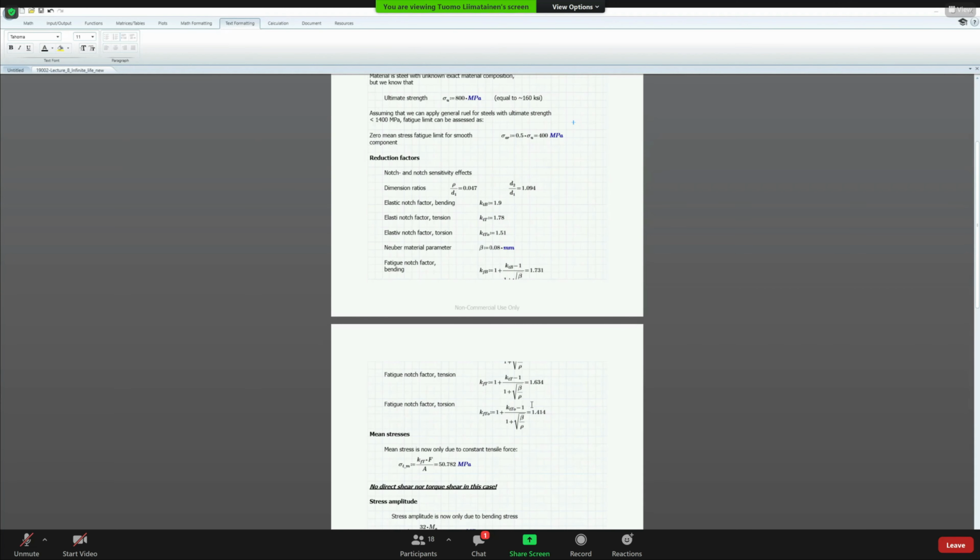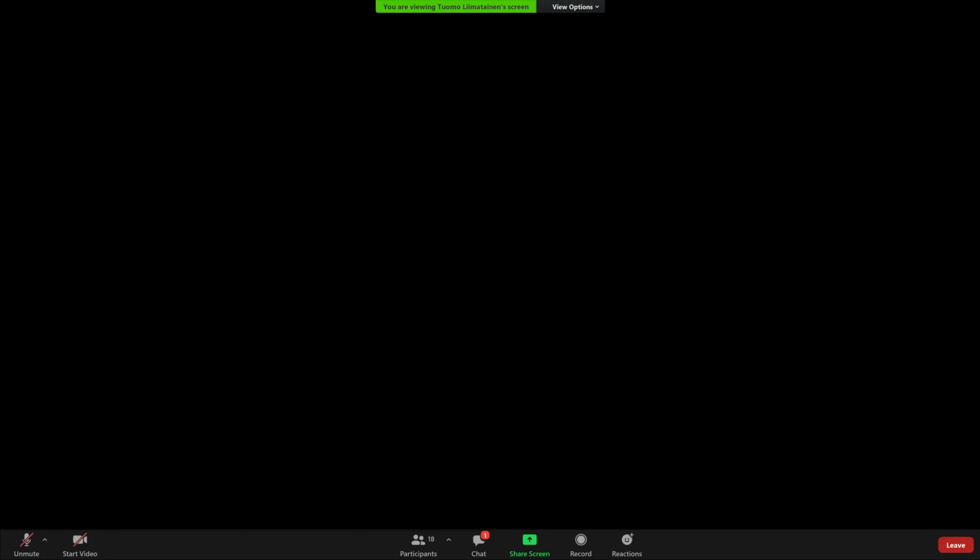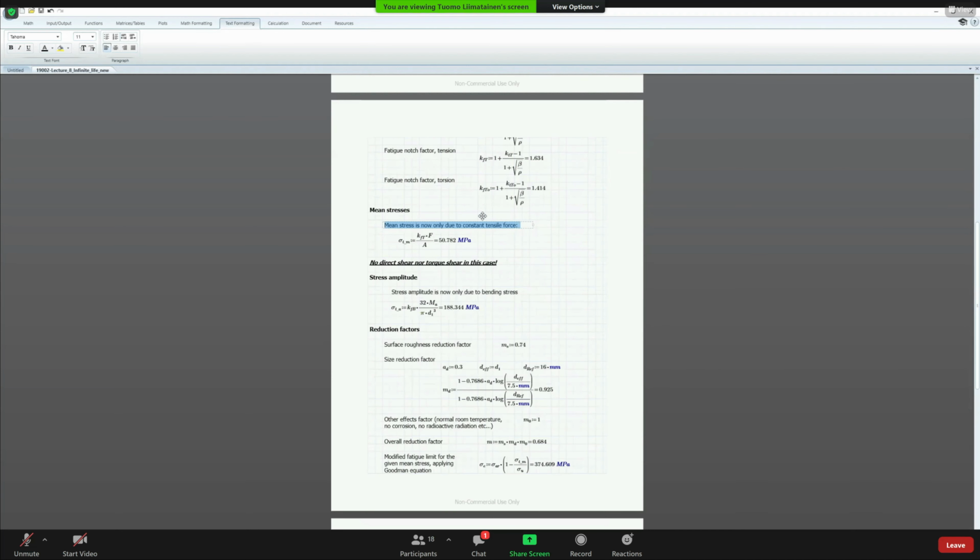And now we can calculate the stresses, and as I explained, the mean stress is now only due to the constant tensile force. So only the tensile force is causing the mean stress now, because the bending moment amplitude is fully reversed.